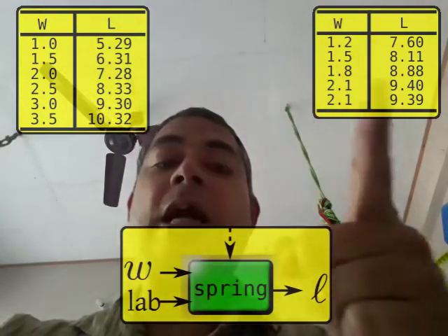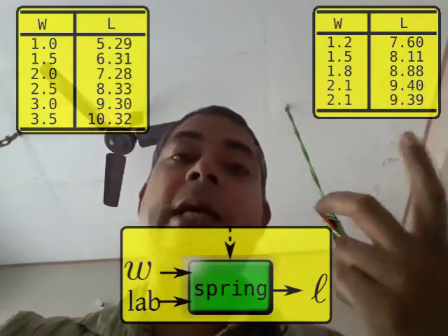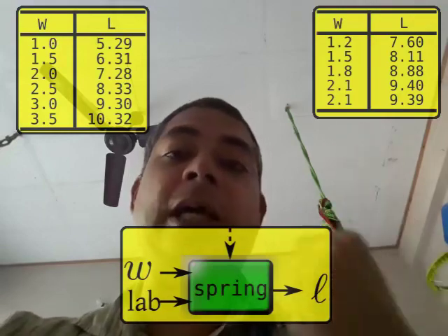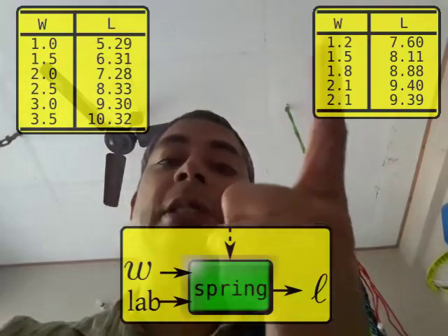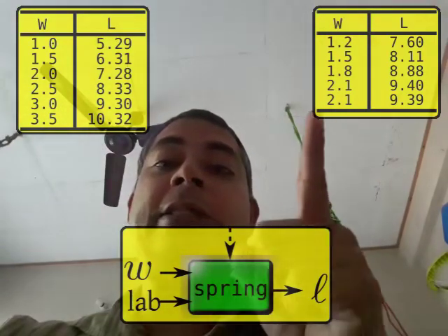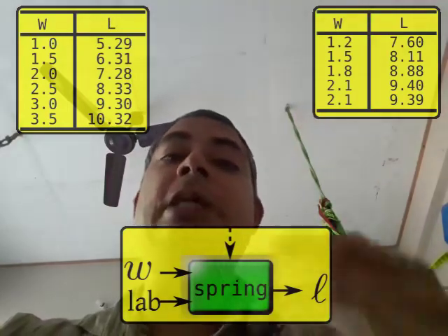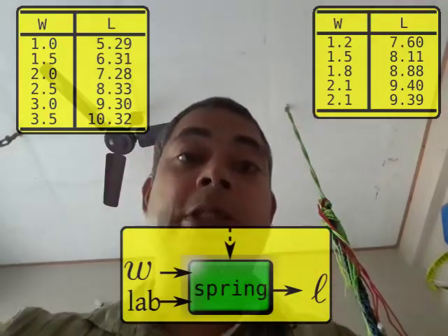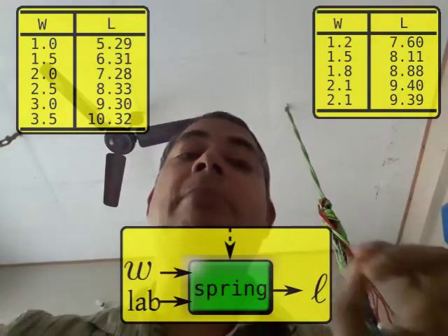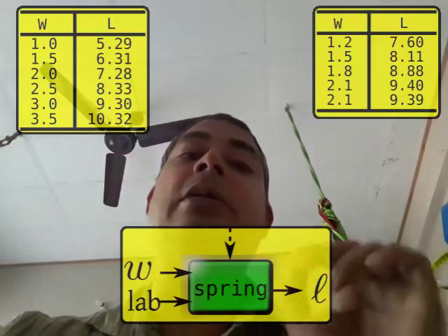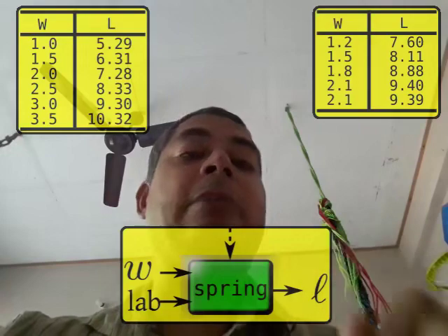Of course, the elongations are different, the lengths are different, because they are working with springs that started with different initial lengths. Some of the weights, in fact, most of the weights are different from this lab to that lab. In this case, one particular weight has been repeated. So it is a repeated measure experiment, which is the most common thing in practical scenarios, where you hang the same weight a multiple number of times and take different measurements just to get an idea about the effect of the random error.